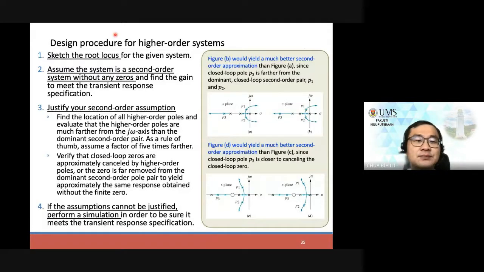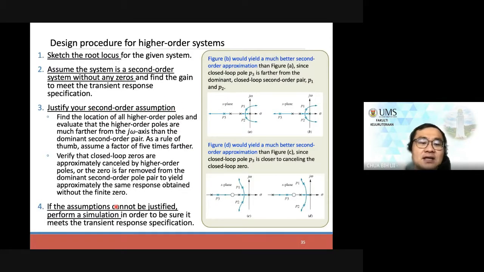So here is a procedure for higher order system, meaning more than second order. We still do the same thing: sketch the root locus, assume the system is second order without any zeros, and find the gains. Then justify. This is where the justification is required: justify whether the second order assumption holds or not.